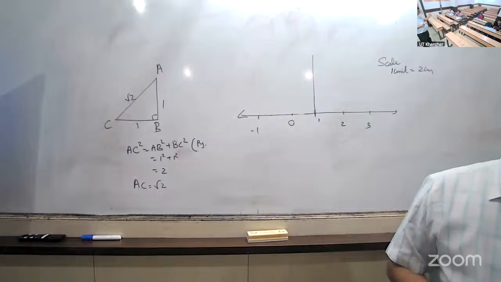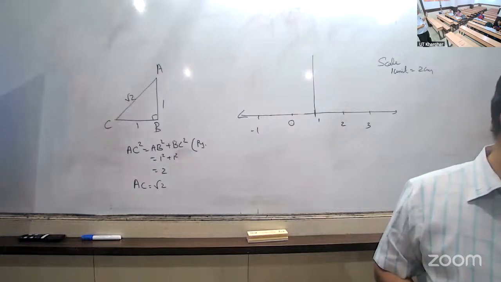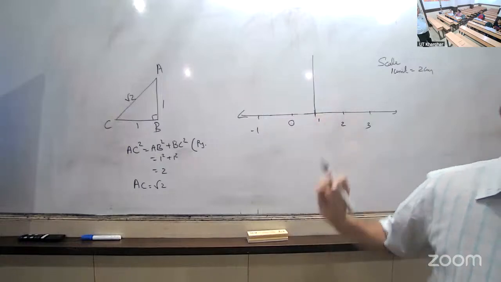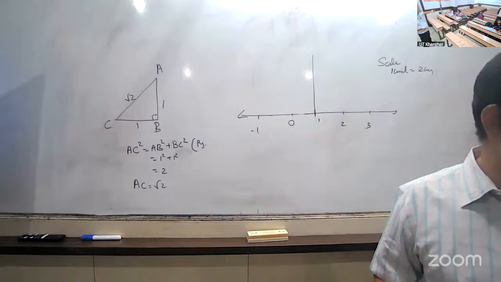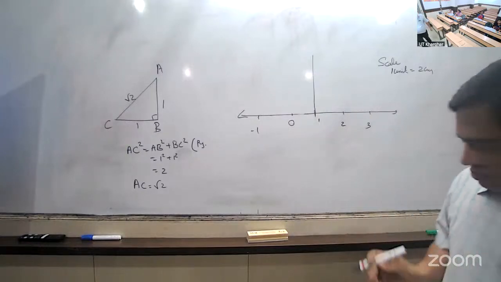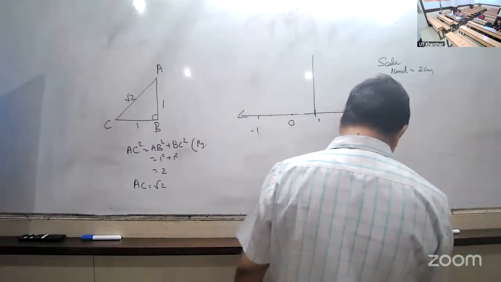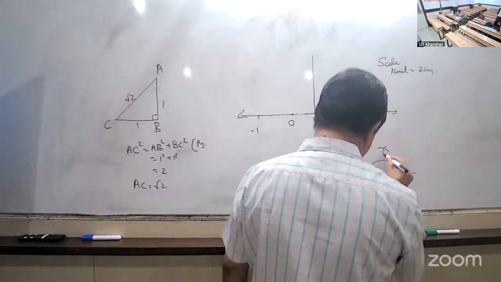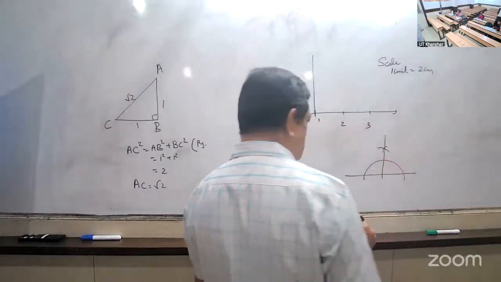There is one method called the protractor. Do you know how to use a protractor? With the help of the protractor, or even with the help of the compass, do you know how to draw a perpendicular? This one you have done, remember or not?